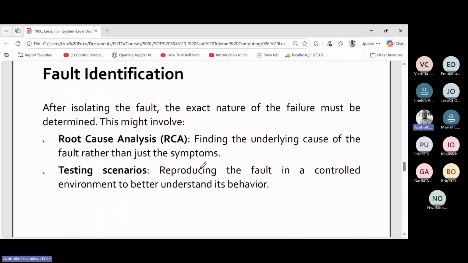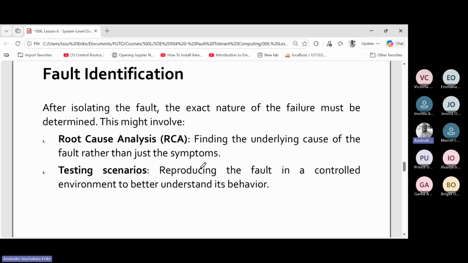Because when you were testing, you may notice that the sensor in operation was actually giving an abnormal value. But the question is, what is the cause of the abnormal value that the sensor was giving? Because we needed to know if that abnormal value was coming from the input into the sensor or not. We may need to find out when it started giving the abnormal behavior, so we go back to the error log to find out, was there a system of recording the voltage that was going into the sensor at that point in time?